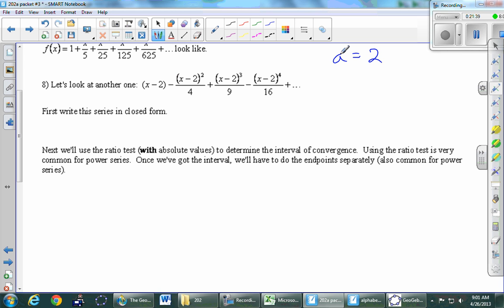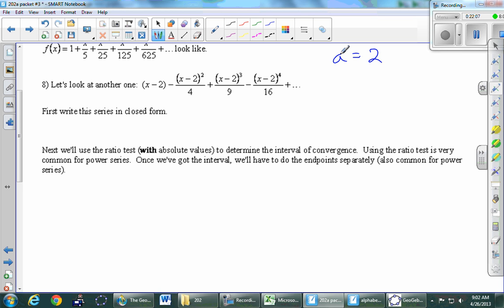We could handle the alternating parts by multiplying by a -1. Is the bottom part this same constant multiple idea? 4 to 9 to 16? Those are the squares. They're not constant multiples of each other. So this is not a geometric series, so we can't do the nice thing that we did last time with our geometric series. You know, it converges whenever the ratio is between -1 and 1.